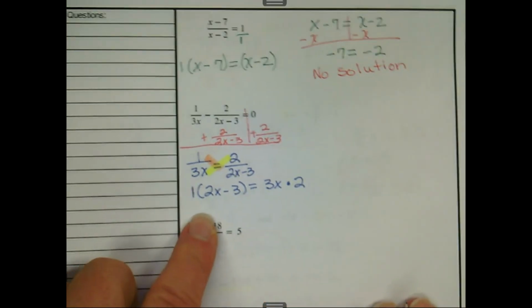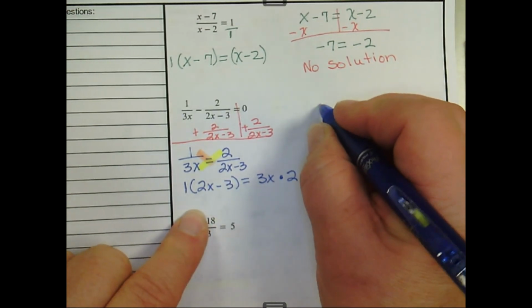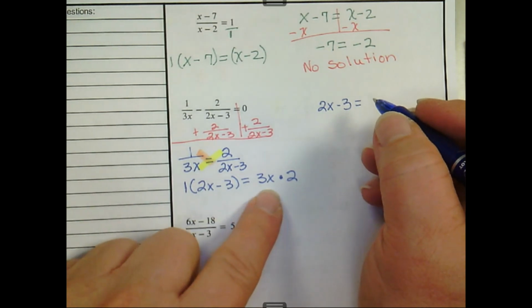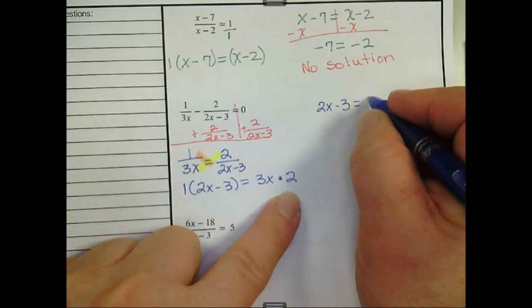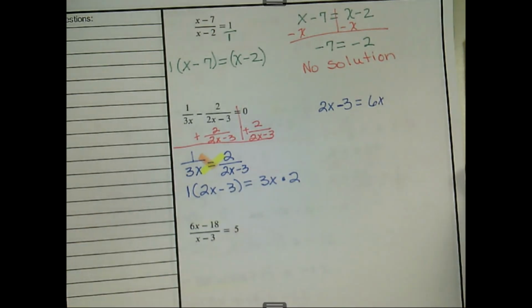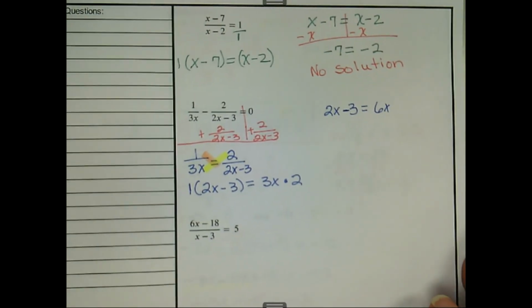When I multiply by 1, nothing changes. So I end up with 2x minus 3 is equal to 3x times 2 is 6x. Take a minute, make sure that you are good with the math.